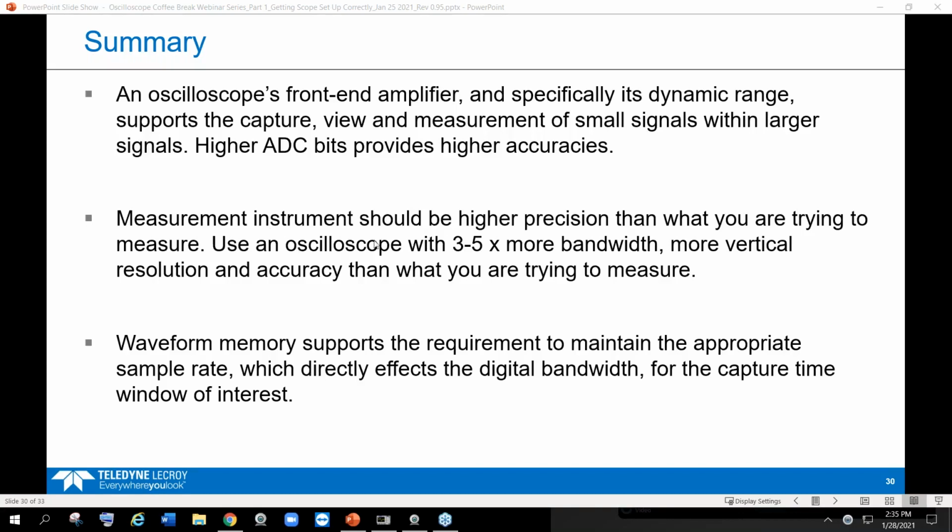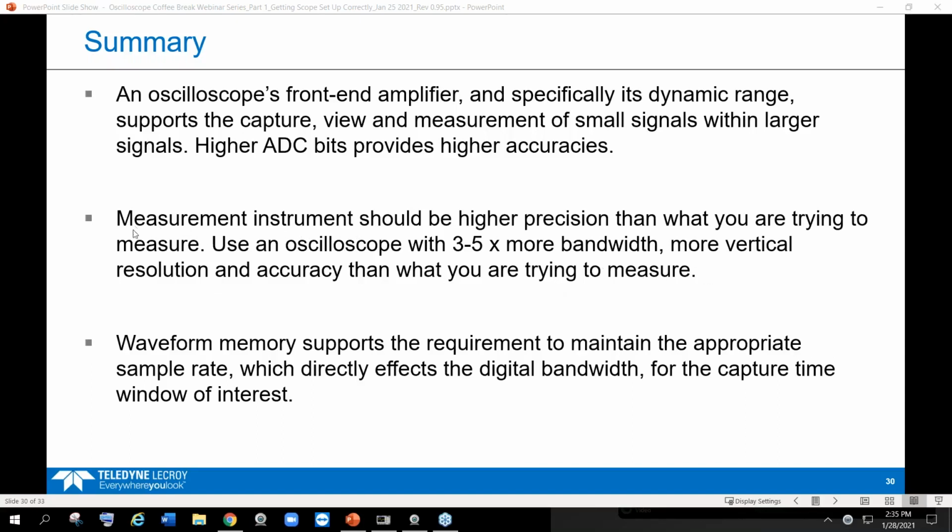So use a scope with the right bandwidth. Remember the 3 to 5 times more bandwidth rule if you're focused on amplitudes, and that's important. Think about more vertical resolution for looking at 0.5% DC gain accuracy. What is it that you're trying to measure?